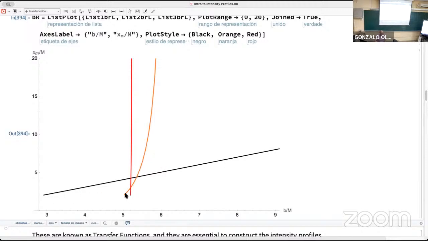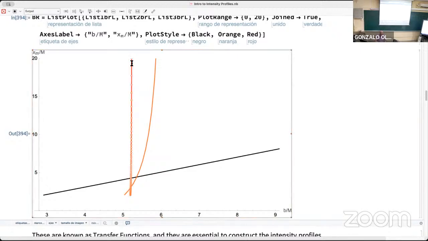For the lens image, we see the region of impact parameters where the direct image lives; it's supported only in this region. The light ring is almost vertical, not strictly vertical, but very close. This is why we needed to scan that region with so much detail.